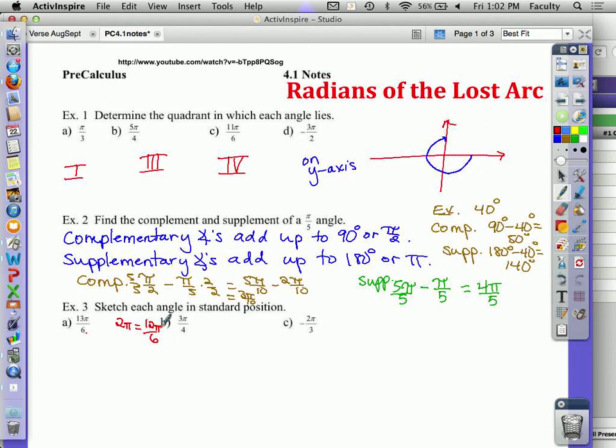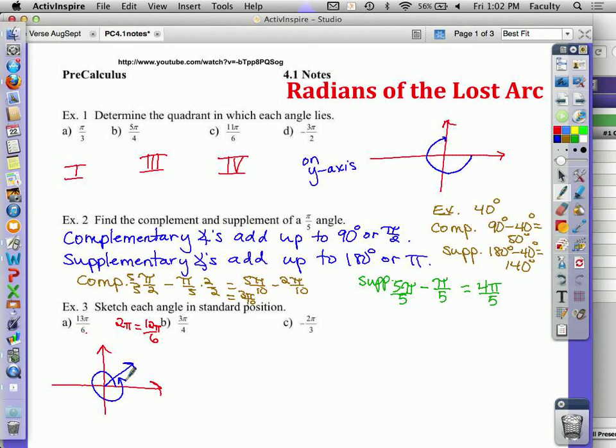Just 1 pi over 6. Well, I know where pi over 6 is. So let's make a little grid here. And so here's pi over 6. That's 30 degrees. But to indicate that it went more than one time around, do you remember the little arrow going around like that?